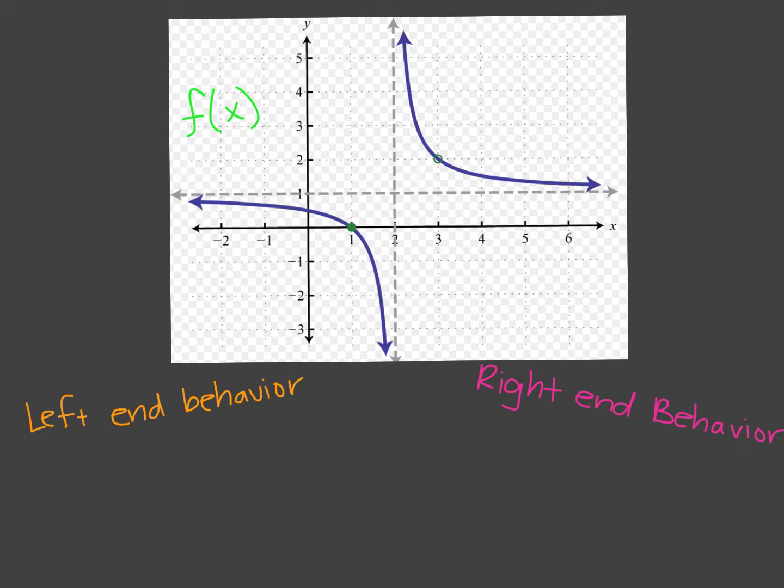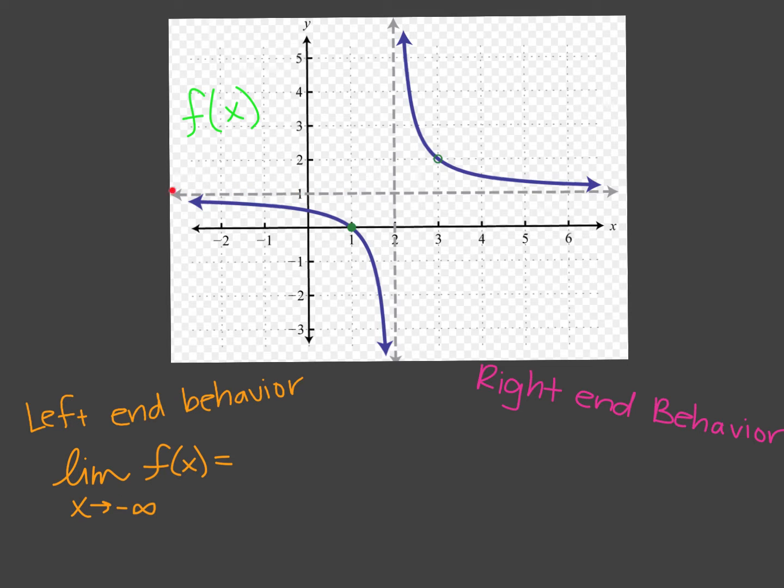Our left end behavior we write as the limit as x approaches negative infinity. So the infinities are actually down here after the arrow. The limit as x approaches negative infinity of our function f of x. And let's see what happens. As x gets smaller and smaller as we move left, what are our y values approaching?